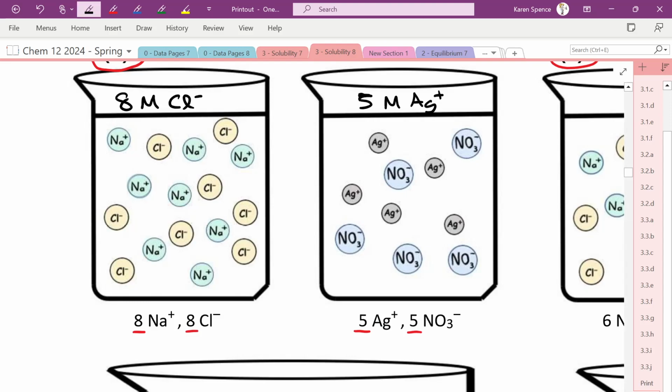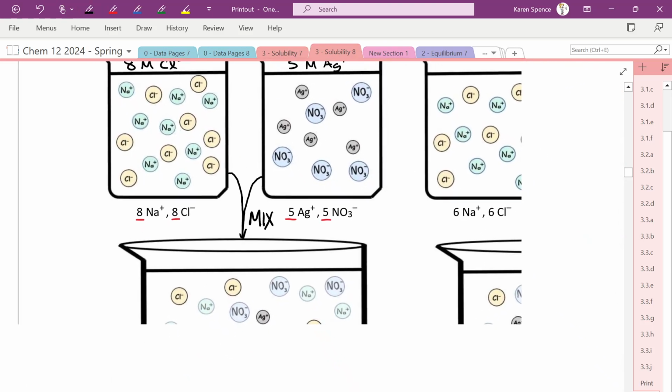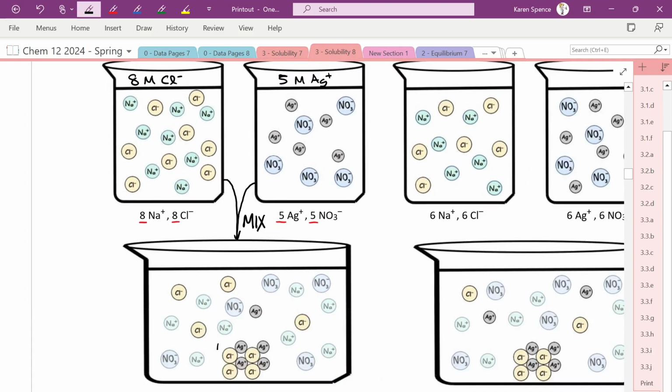No. And now we're going to mix them together. So this is the mix part. We're taking our sodium chloride and putting it together with our silver nitrate. And they match to form a precipitate.